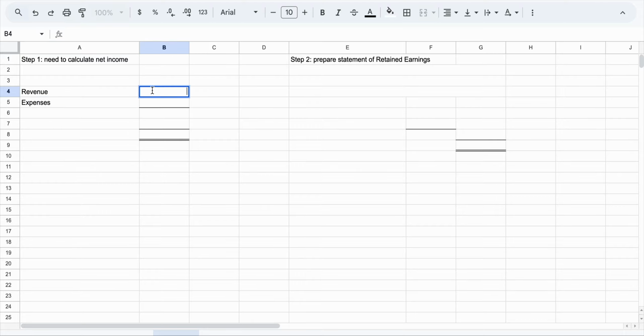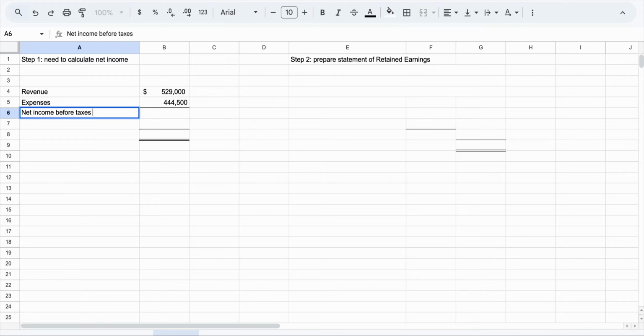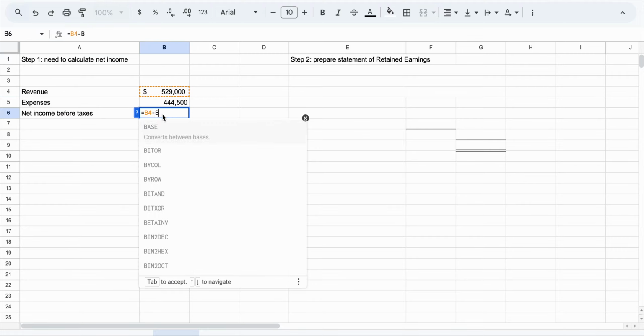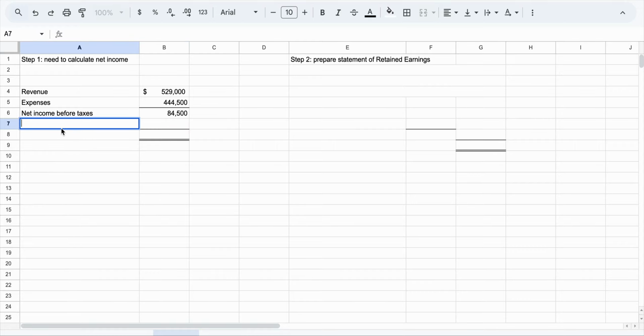The revenue given in the question was 529,000. Okay, and then the expenses given in the question was 444,500. Okay, and then this results in our net income before taxes. In the question it says that we are being taxed at a 15% rate.